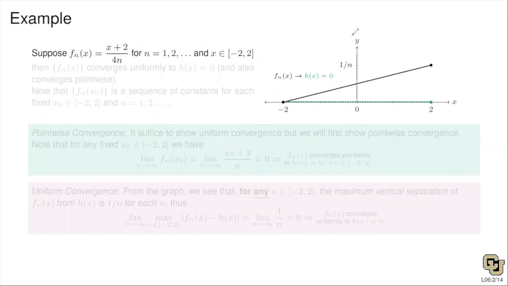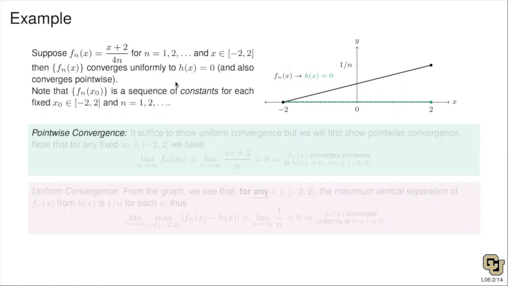So you see that the height gets lower and lower as n goes to infinity. And so here we claim it converges uniformly to 0. I've graphed 0 here in green, which is the target function. It converges uniformly and pointwise.